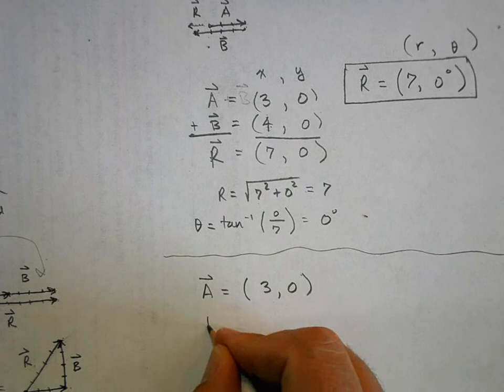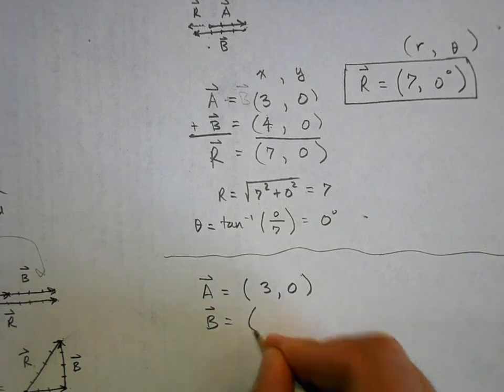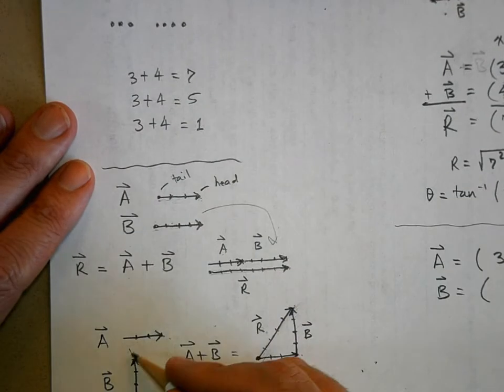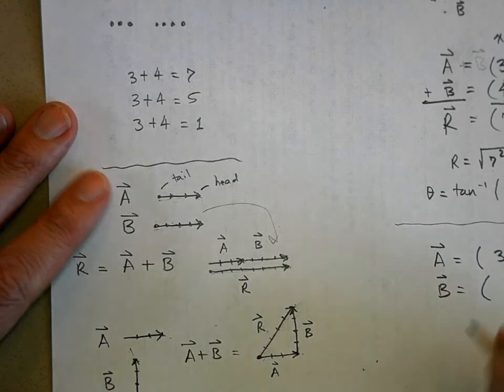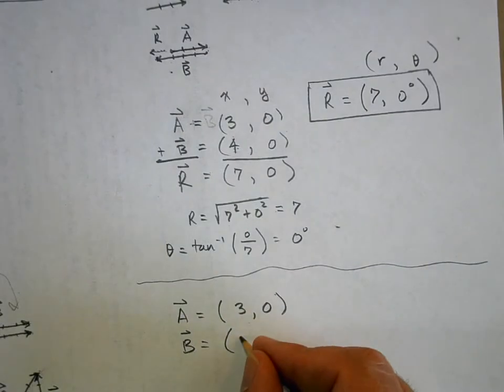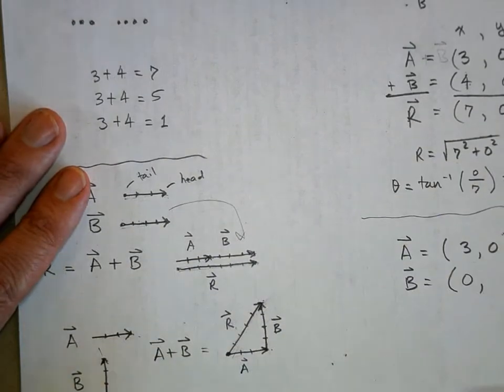But look at vector B now. Vector B, if I look at vector B, it has no x component. So in the x direction, B is 0, but in the y direction, it's 4.